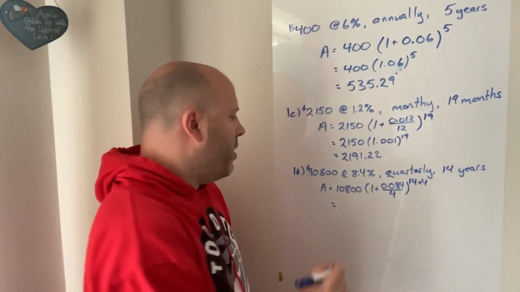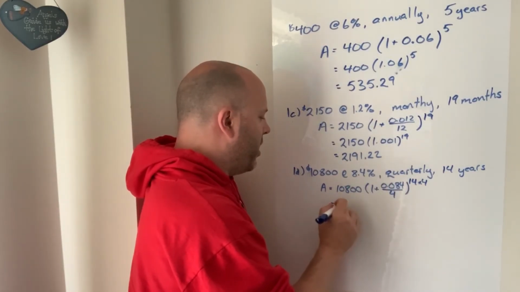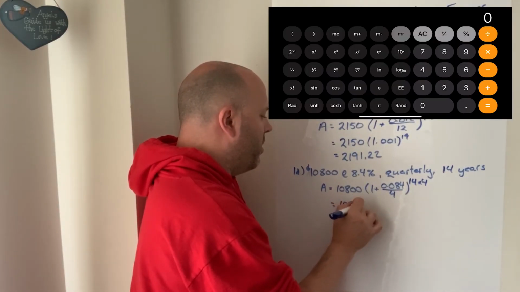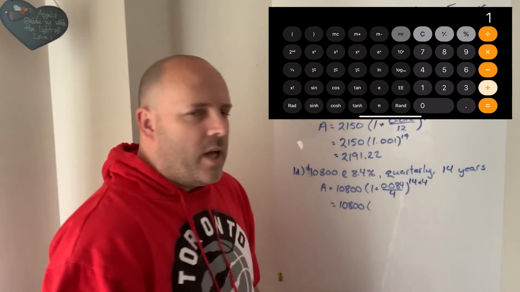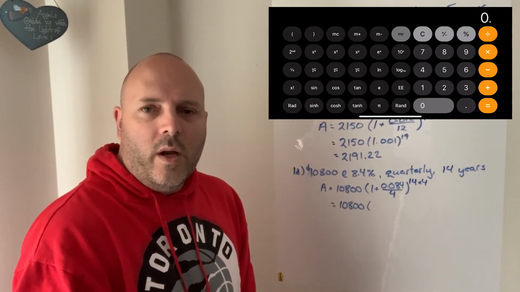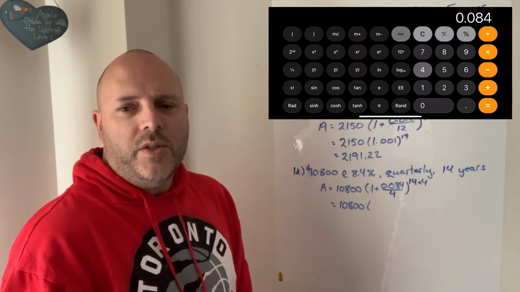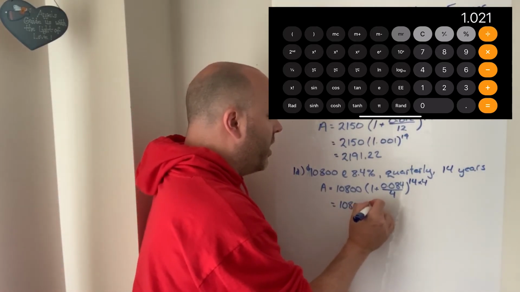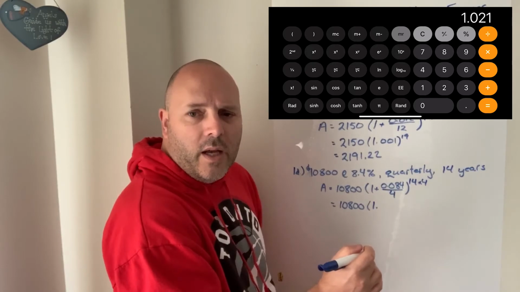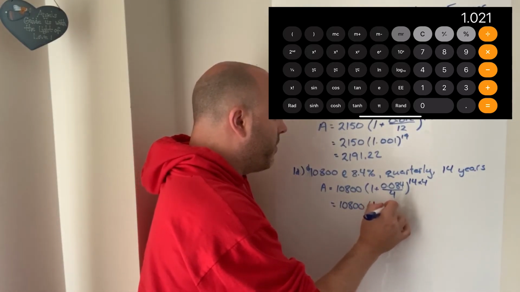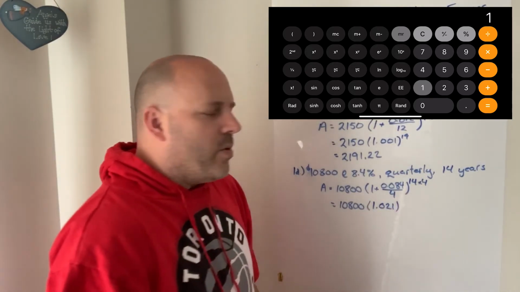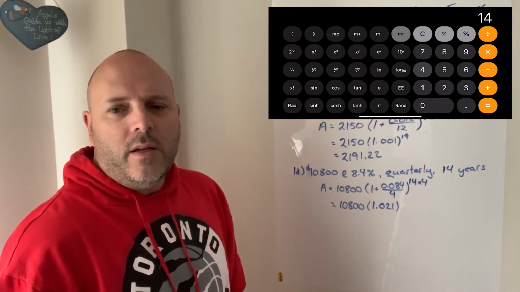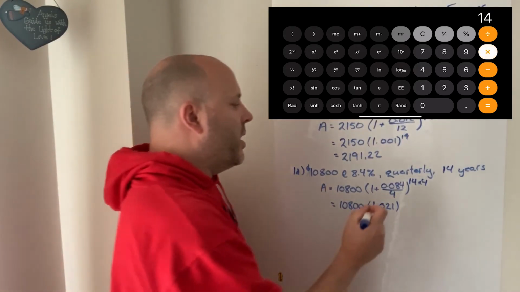All right, I'm going to go on my calculator and I'm going to work out inside the brackets first. So 1 plus 0.084 divided by 4. Press the equal sign, gives me 1.021. And 14 times 4, I could do that on my calculator as well, gives me 56.